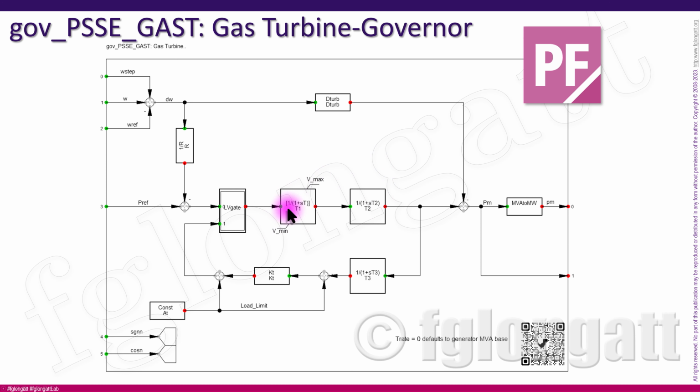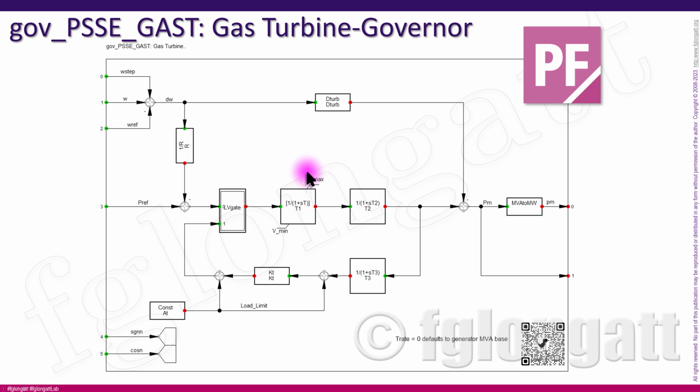Inside those blocks, you can see something that resembles a transfer function. For instance, this block is basically a first order transfer function, and T1 is the time constant used for it. And this transfer function is limited between V minimum and V maximum.